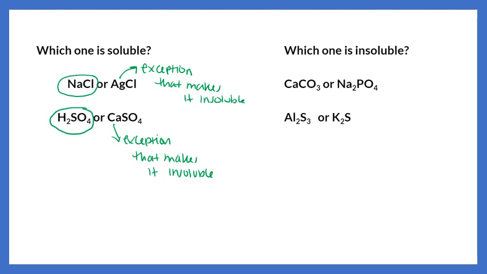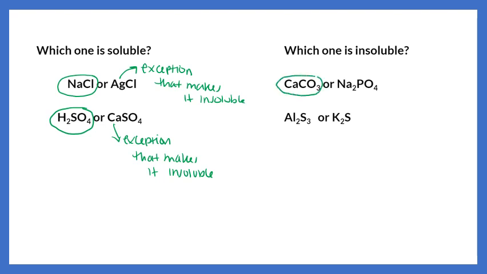Okay, and then which ones are insoluble? Calcium carbonate or sodium phosphate? Well, carbonate is CO3. It's in our insoluble compound list. And its exception is when it's bonded to group 1 alkali metals or NH4. Well, CaCO3, calcium carbonate, is a group 2.